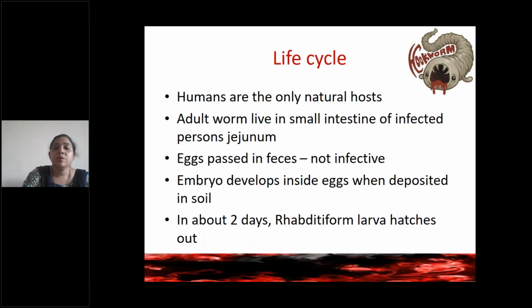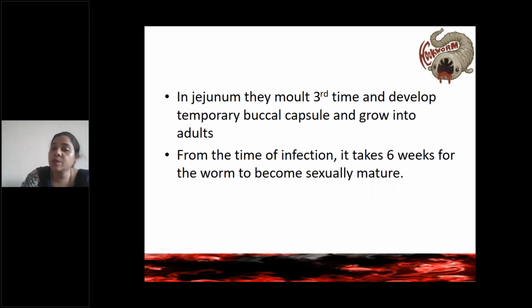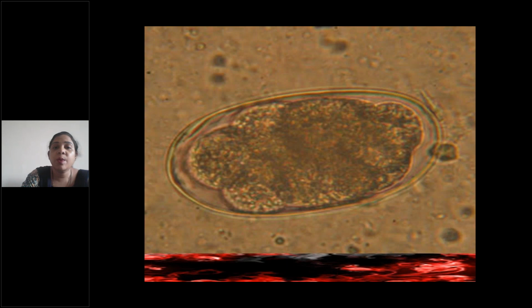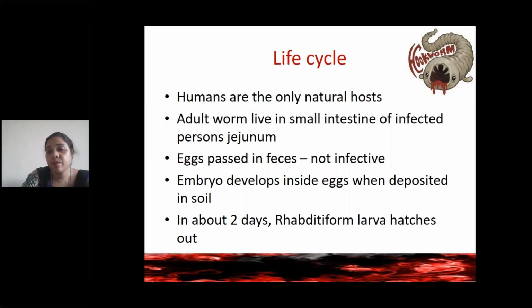Okay, so again, we'll review the life cycle. Man usually gets infected by walking barefooted on contaminated soil containing filariform larvae. Now, when this infected man harboring the worm passes eggs in feces, further development of eggs has to take place in the soil because freshly passed eggs are not infective.